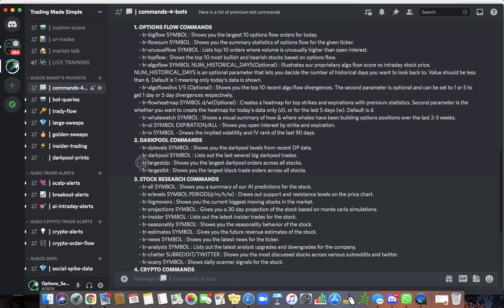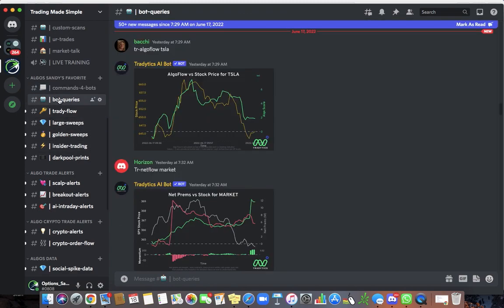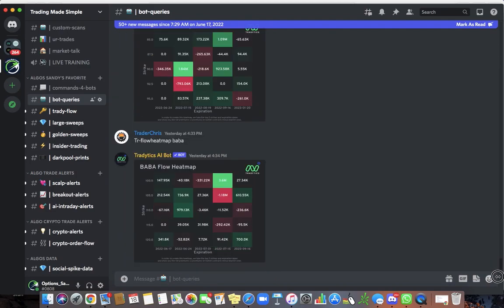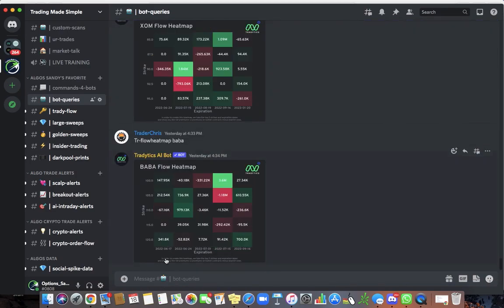Well, all you got to do, as I do, is just do a cut. And then you'll start to actually memorize these, but I just do a cut as an example. I go into my bot query, and then what I do, and you can see everyone using this, is I just paste it.